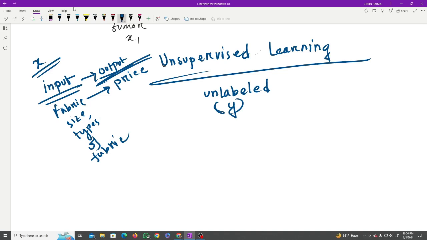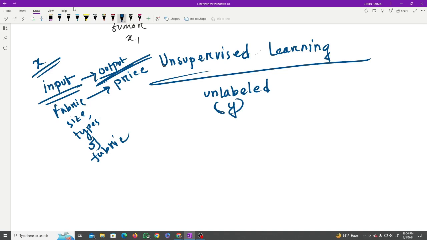In unsupervised learning, suppose this is your model, you give some data to your model, and you tell your model to find some interesting pattern, because you don't know exactly what you are trying to find, right?